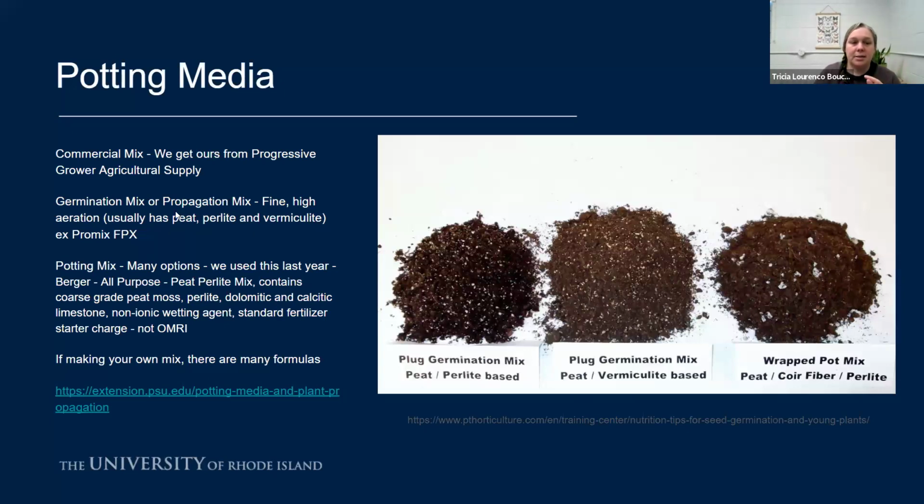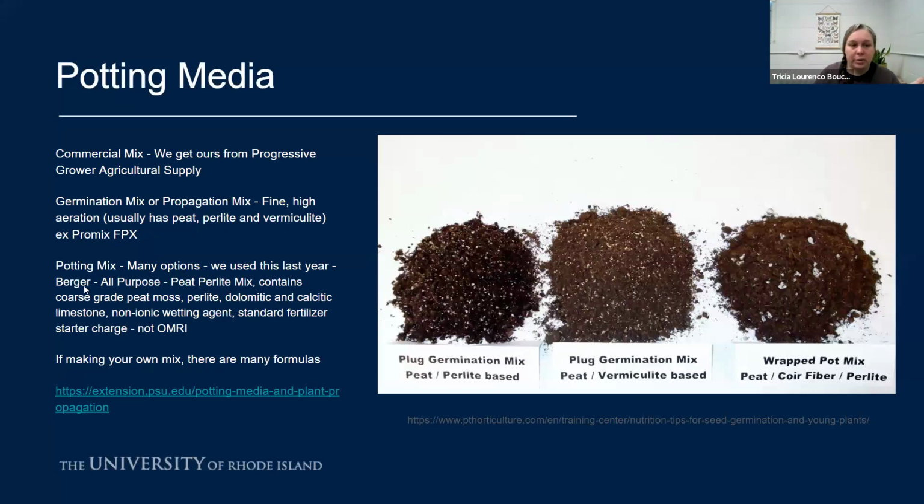Last year, ProMix FPX was the germination mix. Sometimes germination mix and propagation mix are used interchangeably when you're looking in the catalogs. We use that when we're germinating, that first little stage when the seeds are small and the plants are small. Then when we need to pot them up into a bigger size pot, once they've gotten their second or third leaves, they go into a potting mix.